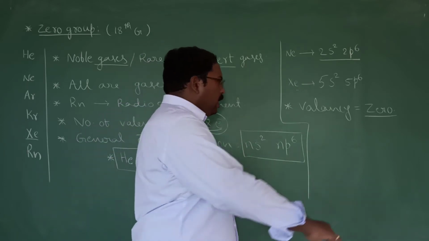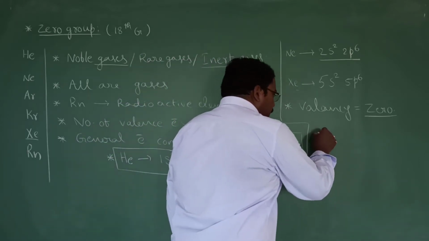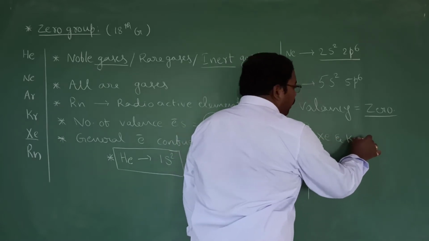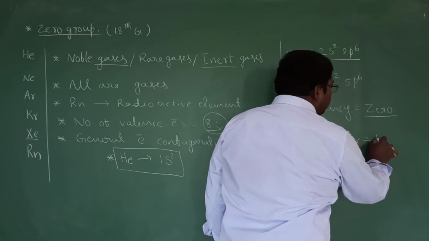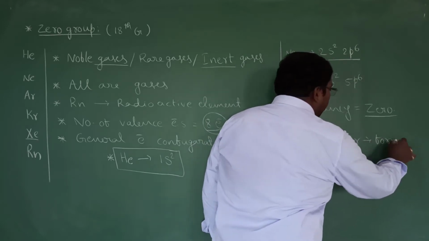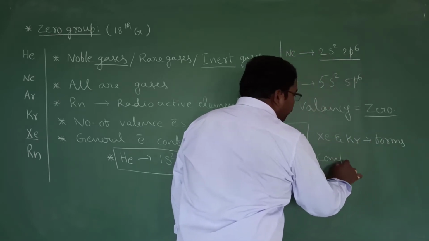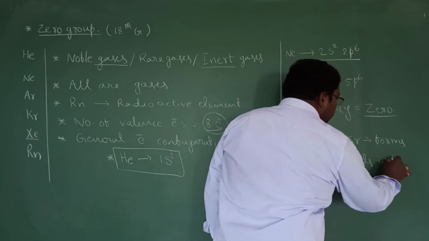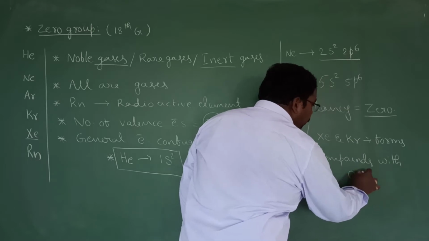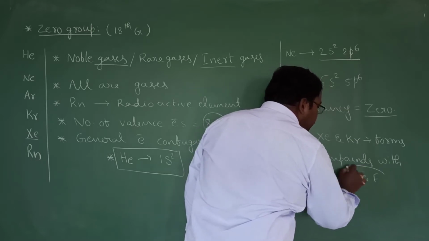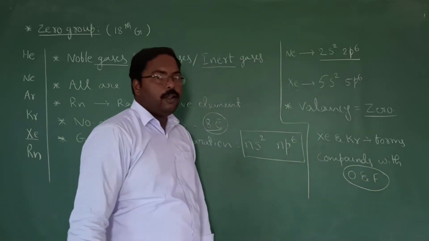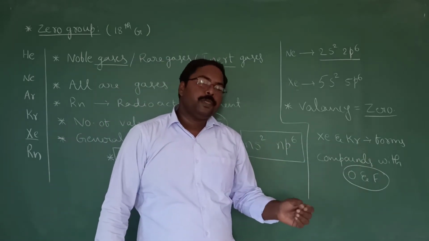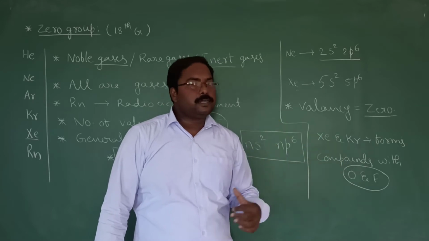But nowadays we know that both xenon and krypton form compounds with highly reactive non-metals like oxygen and fluorine. Out of this, krypton compounds are unstable, but some of the compounds of xenon are stable.